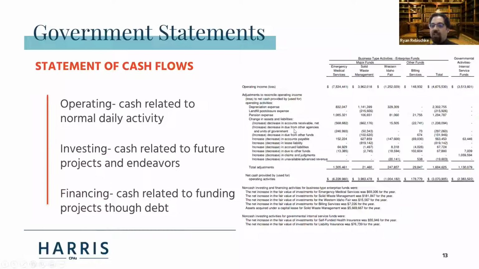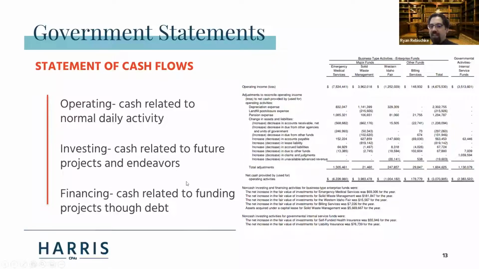So this is saying that the operating income for this major fund, they had a loss, 7.5 million. EMS, not a surprise, a lot more money going out than coming in. And if you look, their pension expense changed by this amount. This is about 1 million. Not super relevant to non-professional or non-financial professionals, but that's what this statement explains.